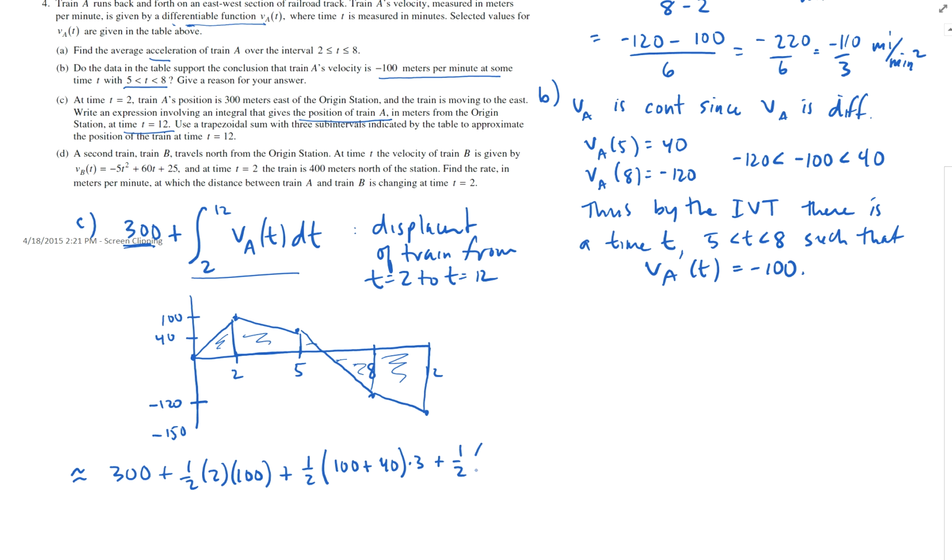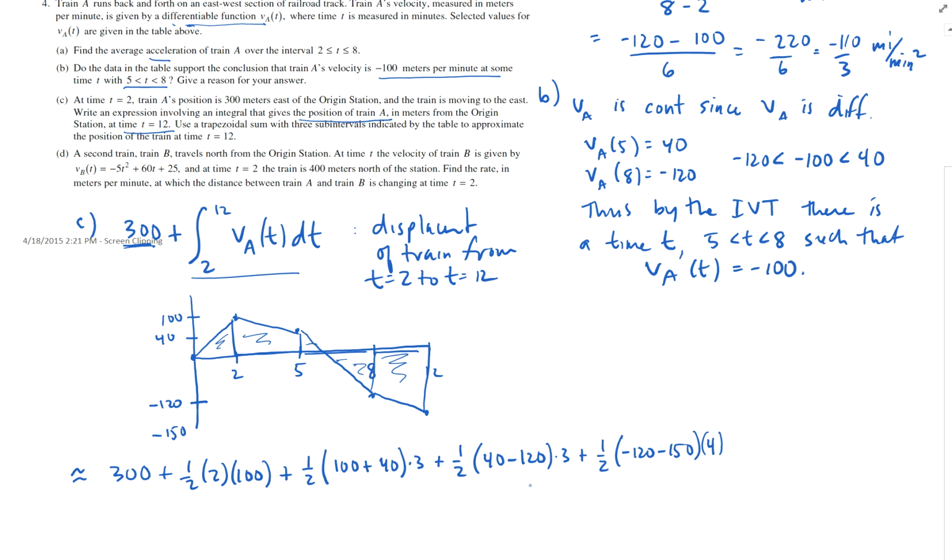Plus 1/2. Add the bases together, 40 minus 120 plus a negative 120 times the height, 3. Plus 1/2. Add the bases together, negative 120 minus 150 times the distance between them, base is 4.